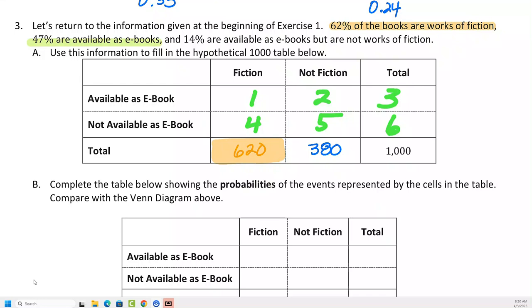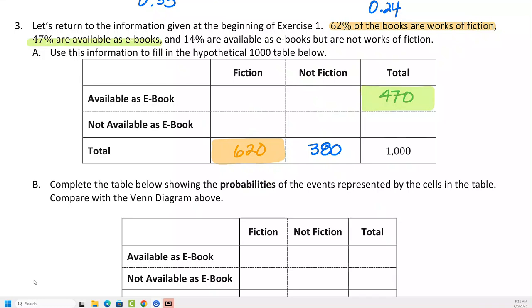Okay, do we all agree that it's 3? Yeah, so I'm going to take this right here, and that's going to represent all of the ebooks. So that 0.47 becomes 470. Are we okay with that?